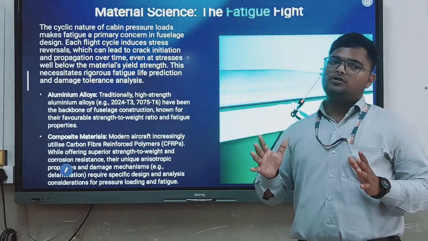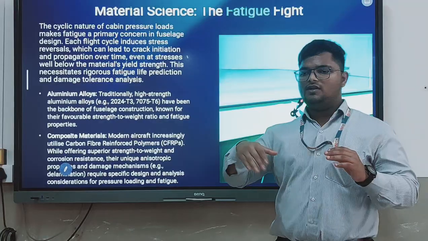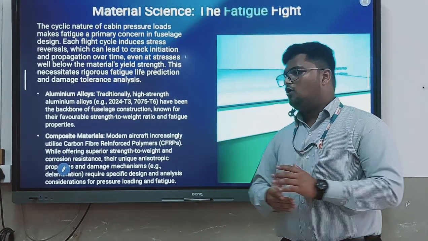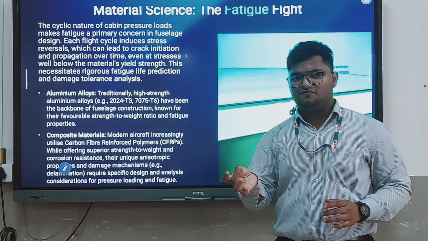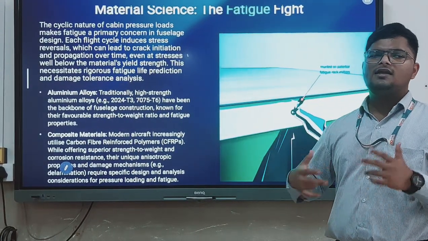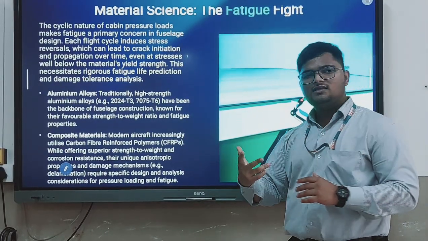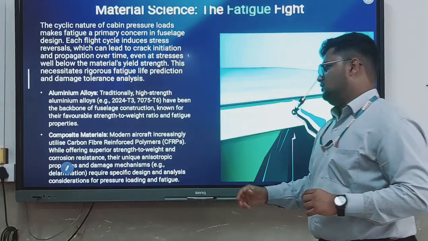Of course it has a very good strength to weight ratio, better than aluminum alloys. Also, it is lightweight and corrosion free, so it ultimately reduces the maintenance of the industry.